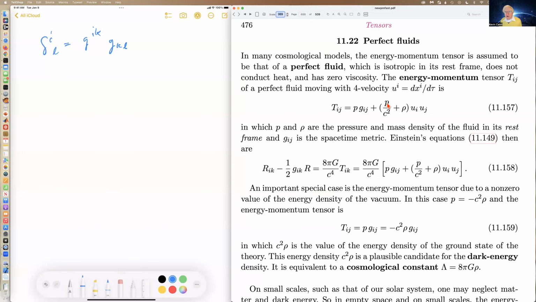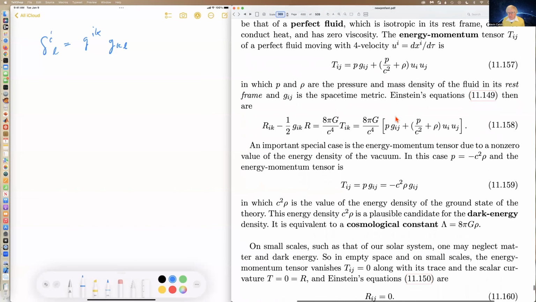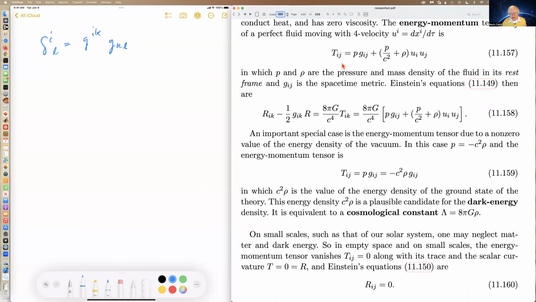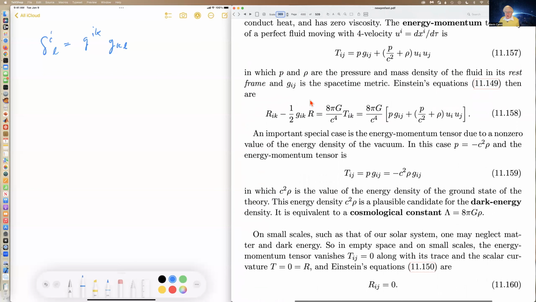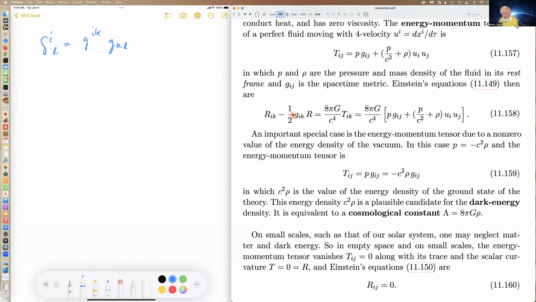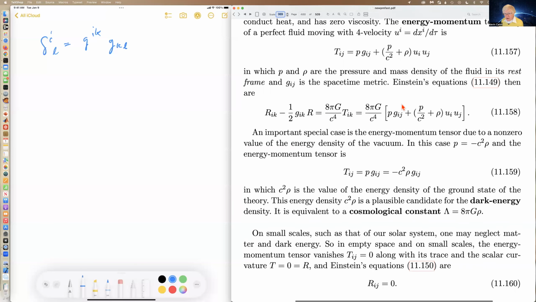This is the pressure over c squared. And so if we put that into Einstein's equations, we get R_ik minus half g_ik R equals 8 pi G over c to the fourth T_ik, and then that's 8 pi G over c to the fourth times this thing here.